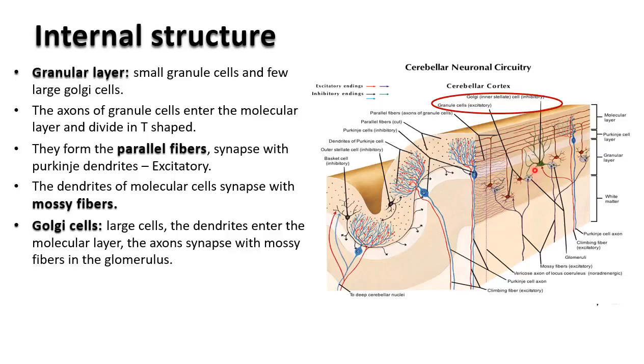The axons also synapse with the granule cells. The dendrites enter the molecular layer. You are able to see the dendrites entering into the molecular layer. So these are called the Golgi cells. The axons mainly take part in the formation of the glomerulus, and the dendrites enter into the molecular layer.